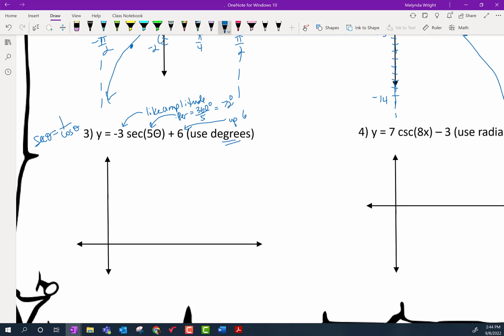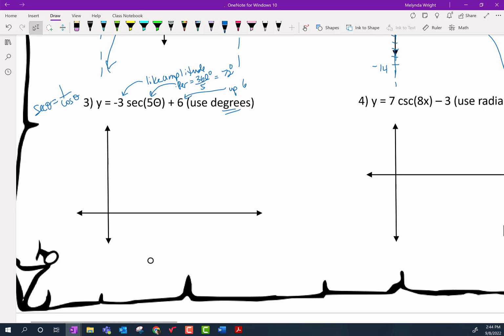Okay, so we're going to start at 0, and we're going to go to our full period, which is 72 degrees. And to get the other numbers, we're going to half and half again. So half of 72 is 36. Half of 36 is 18. And so 36 and 18 is 54. And those are our x values.